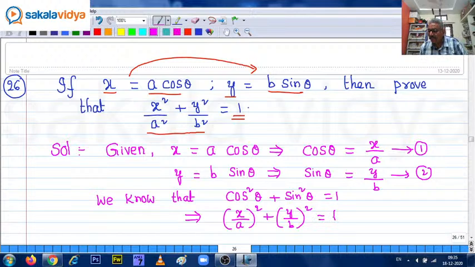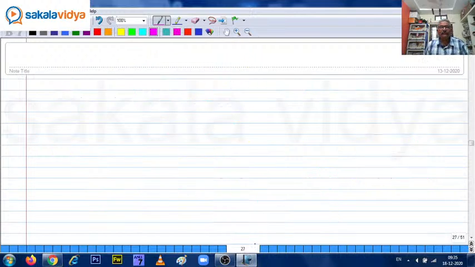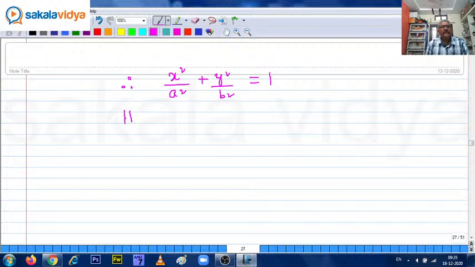So simplify, you will get the answer. See, therefore x square by a square plus y square by b square equal to 1. Hence, proved.